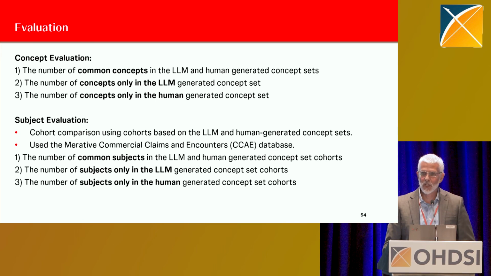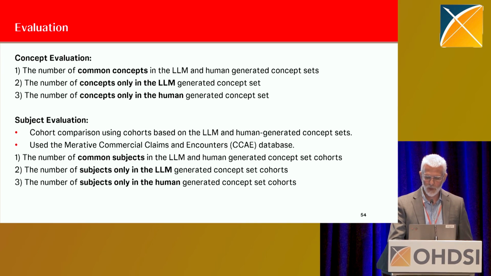We also looked at subject count evaluation, where we took a simple cohort using the concept set and compared the 2 concept sets from human and LLM, using the Merative CCAE database. We looked at the common subjects between the human and the LLM, the number of subjects in the LLM alone, and the number of subjects in the human alone.